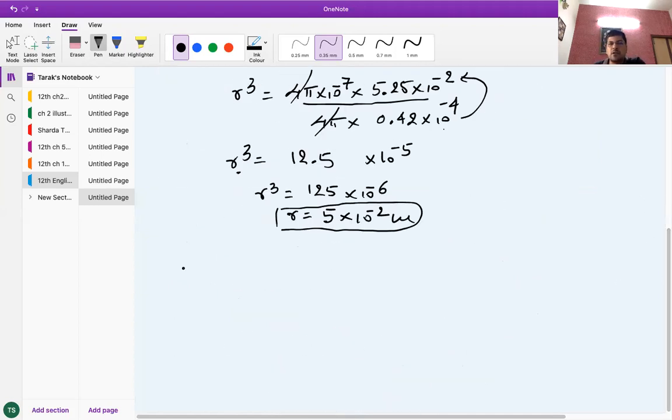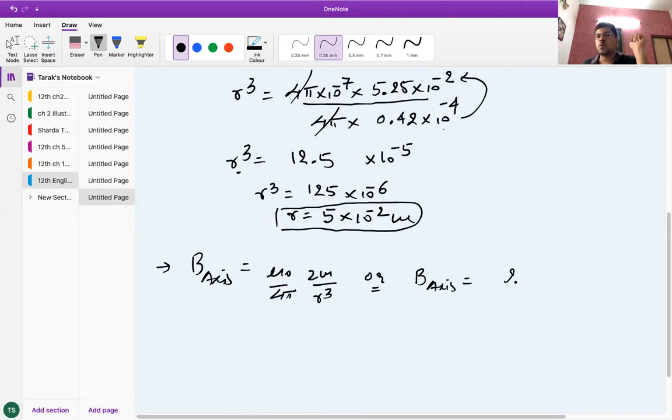If you know all those processes, then your task would be easy. For the axis, the equation is B equals mu 0 divided by 4 pi times 2m upon r cube. So what I am suggesting is, do one thing: B of axis is equal to twice B of equator.